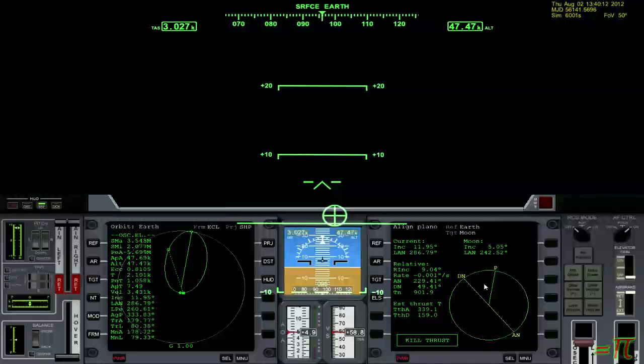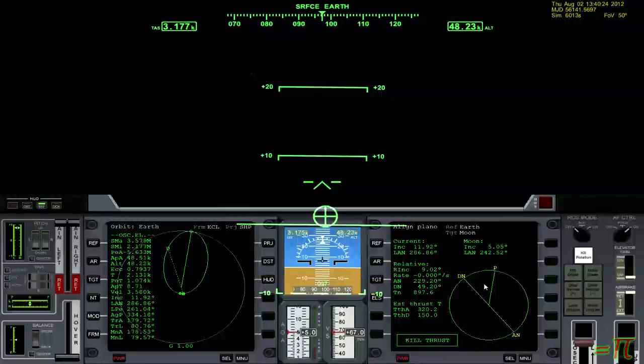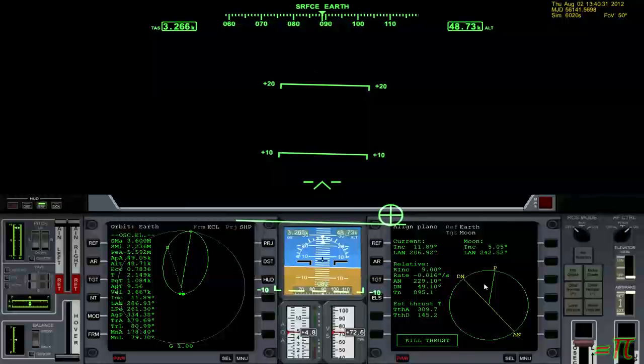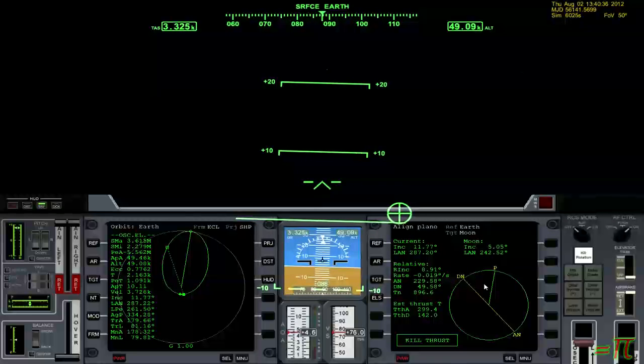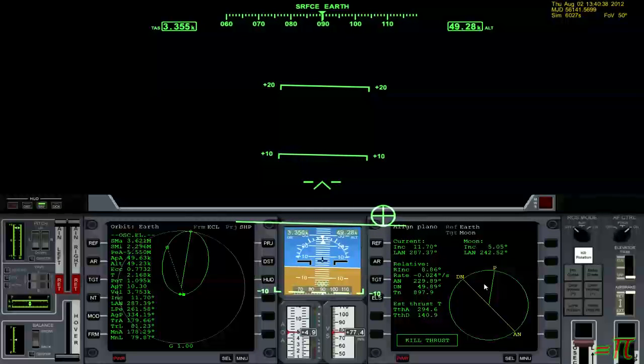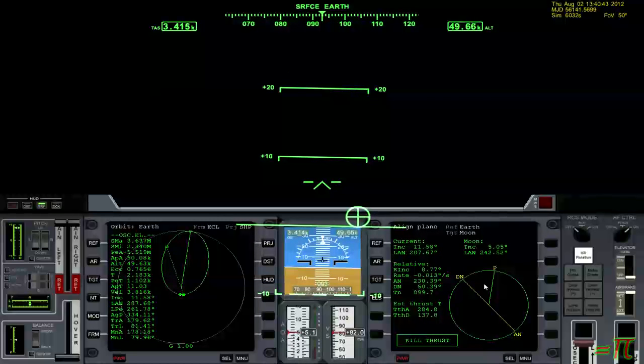Get this relative inclination angle down a little bit. The more of that I can fix on the way up, the less I'll have to fix once I'm in orbit.